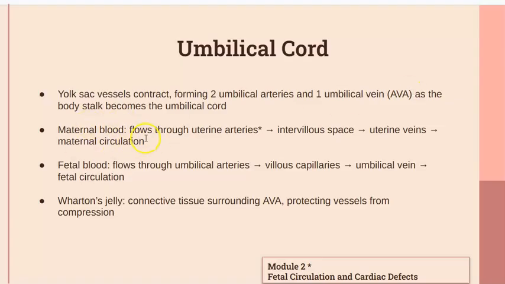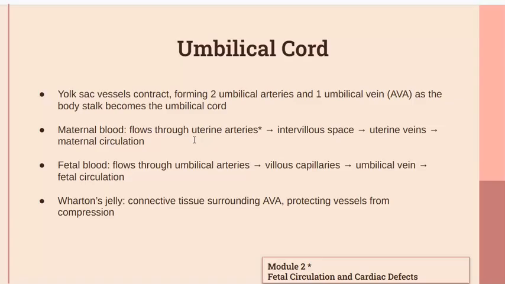Maternal blood flows through the uterine arteries into an intervillous space, into the uterine veins, and throughout the maternal circulation. Fetal blood flows through umbilical arteries into villus capillaries, into the umbilical vein, and into fetal circulation. It's important to understand the fetus and the mother are connected through the umbilical cord and the placenta, but their blood flows don't actually mix.